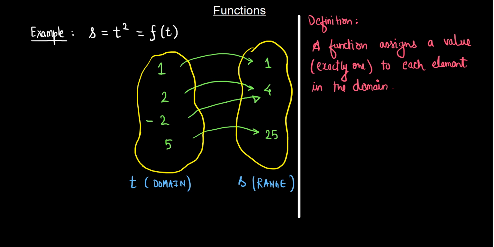Let's take an example. Say S square equals t. Unlike the previous example, I have expressed this equation indirectly. So we can simplify this as S equals plus or minus root t.